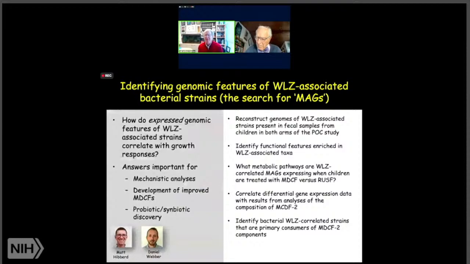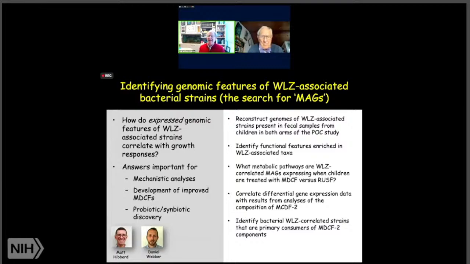So this type of analysis starts to connect the dots. How are changes in ponderal growth and an MDCF2 intervention related to changes in effectors of different aspects of growth, as well as changes in the representation of different components of the microbiota?